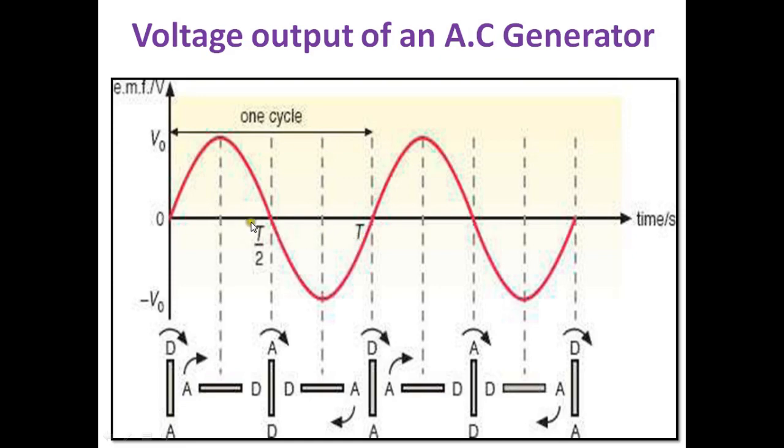If you take this point from here, this half, the crest, we can say that it is T by 2, and this is another half, and from here to here, it is one cycle.